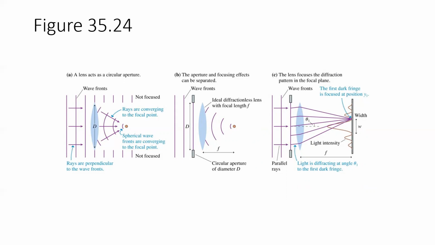It could also be the pupil of your eyeball. When light passes through the pupil of your eyeball, it first diffracts, but then it also passes through the curved surface of your cornea. It passes through the lens that's right behind your cornea. So you have to think about diffraction and ray tracing to make sense out of this.